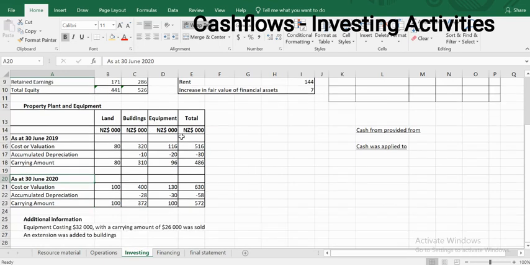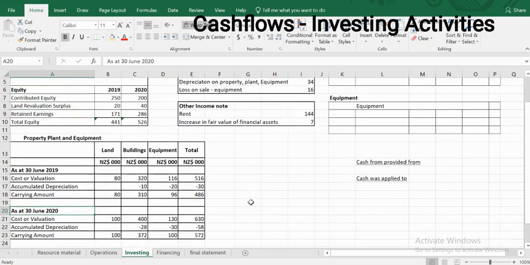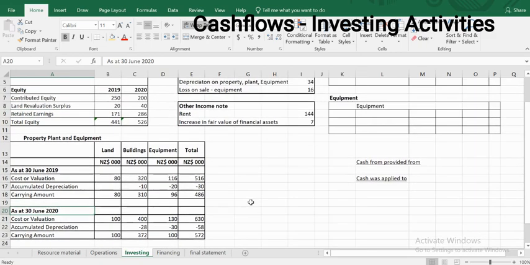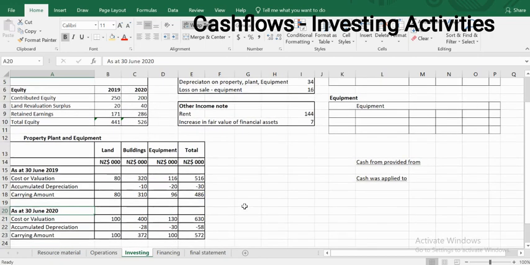The next one we're going to look at is buildings. And here it's got 320, and here in 2020, we've got 400,000. And a note here says there's been an extension added to the buildings. Now, there's nothing to give us any indication that we have done anything else, like sold buildings, and there's no building revaluation surplus here, so it means we haven't revalued them either.